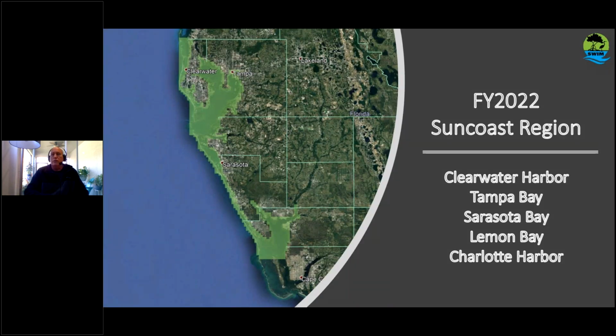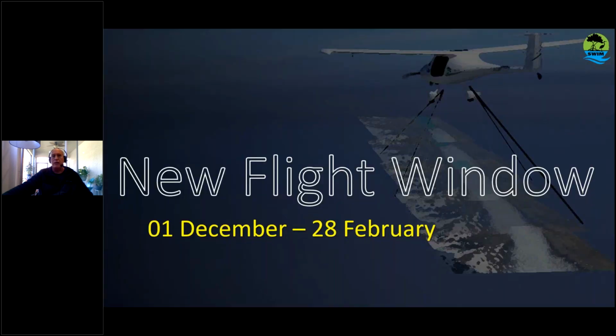Just to reorient those of you who aren't familiar with our seagrass mapping program, we map the entire coastline of the water management district from just east of Cedar Key south to Charlotte Harbor. Every 4 years, and every 2 years we do the Suncoast region. That's what you see here, which is Clearwater Harbor, St. Joseph Sound, south to Charlotte Harbor. So we'll be mapping this area again, starting very soon, actually.